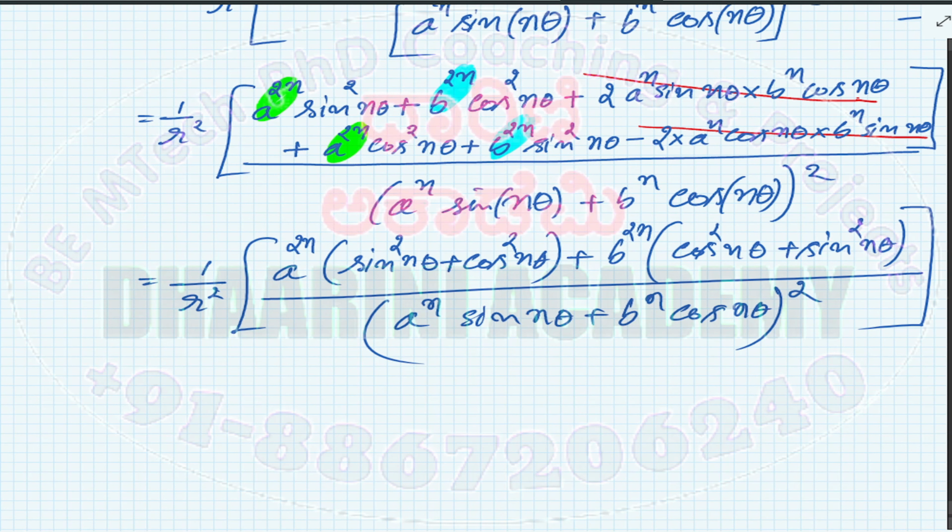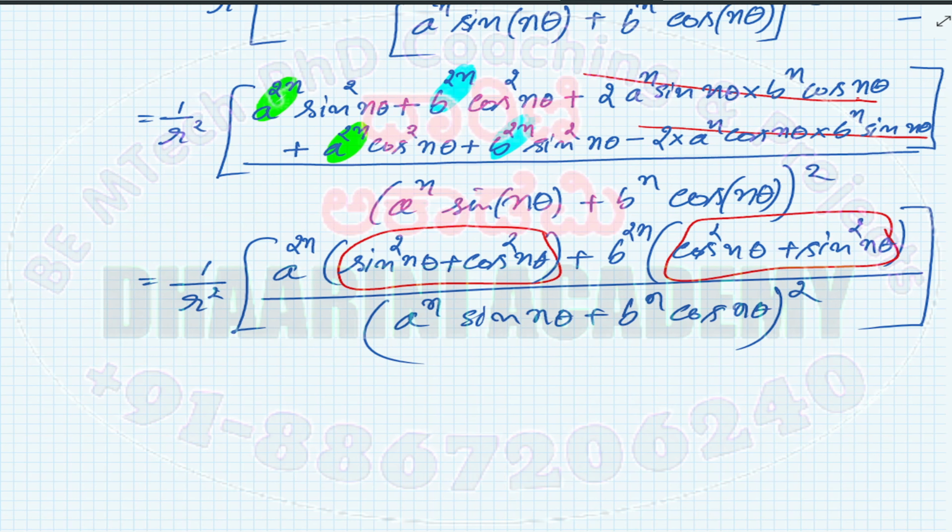Now, we know that cos square n theta plus sine square n theta is 1. Same thing goes with this. Cos square plus sine square n theta is once again 1. So I don't have to write those terms now. Those terms will become 1. So I am left with only 1 by r square.